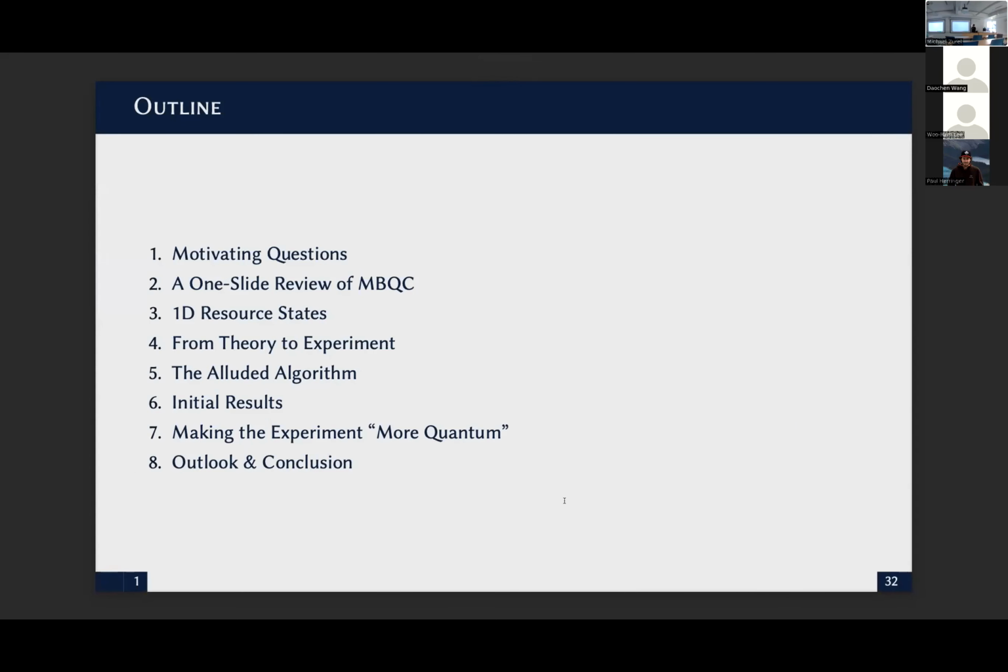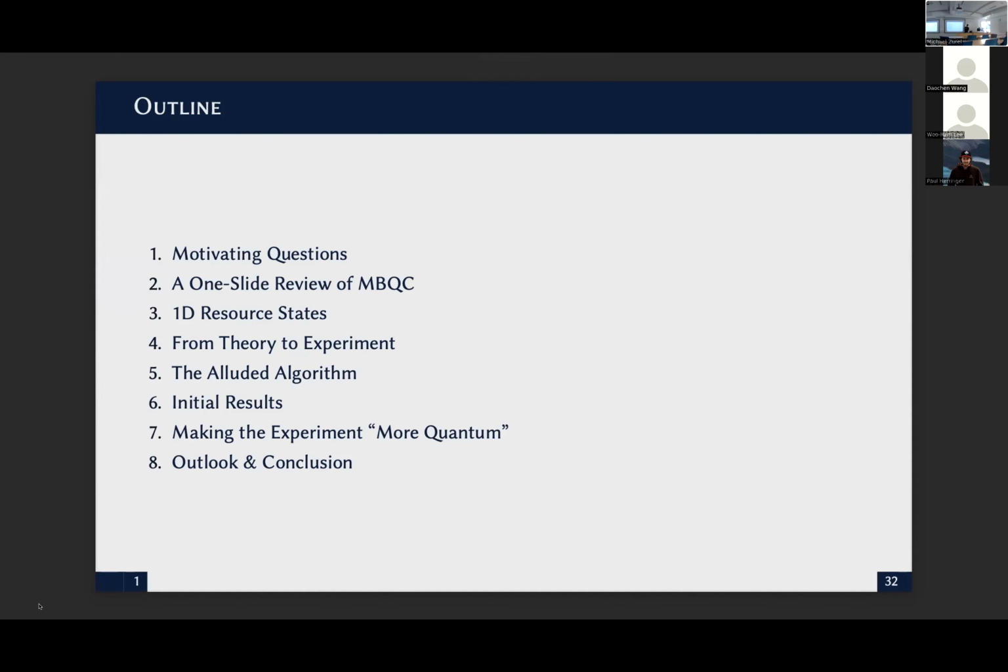To give a brief outline of the talk, I'll start with some motivating questions in the field of quantum computation in general. Then I'll give a very brief review of measurement-based quantum computation before moving to discussion of one-dimensional resource states from MBQC.